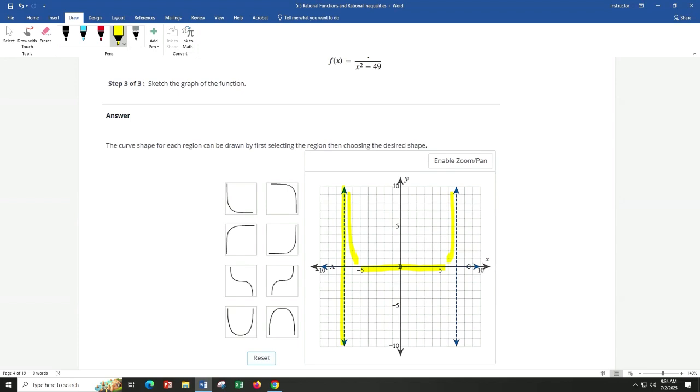Then I'll get one at like negative 6.9 or 6.8, and then I'll do one at like 6.8. Putting it into my calculator, just finding test points. And then I'm gonna look at one for greater than. When you graph this one, you get something that looks like this.